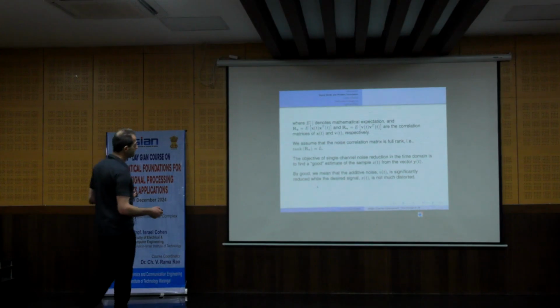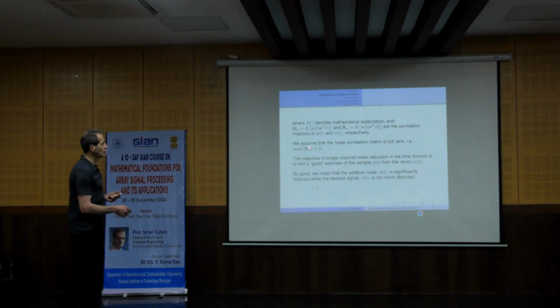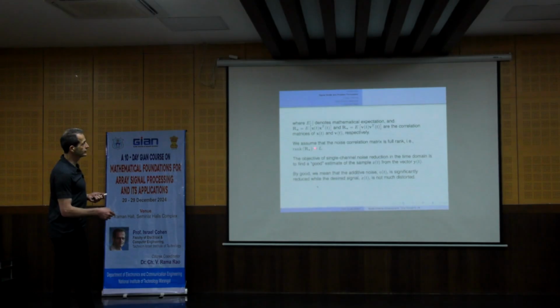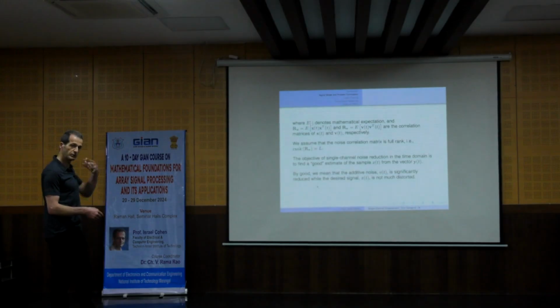And we assume that the rank of the correlation matrix for the noise is full rank, and the correlation matrix for the desired signal is lower rank, maybe less than full rank. We will talk about it.